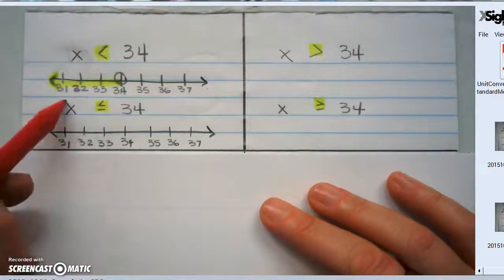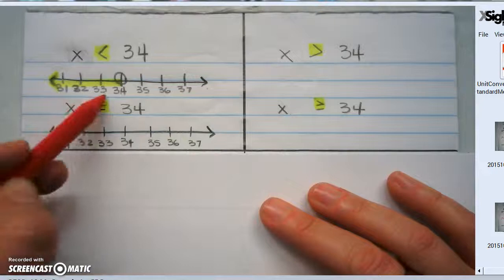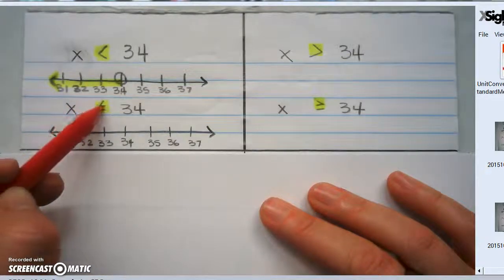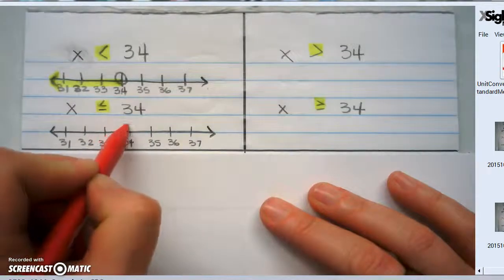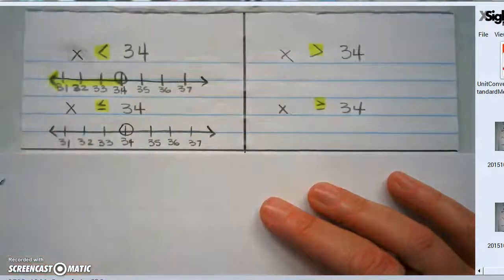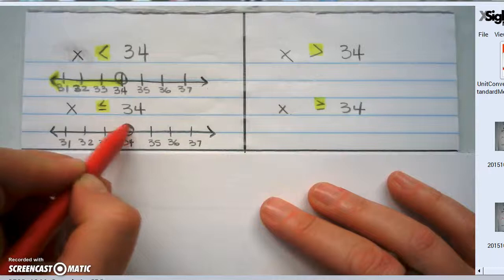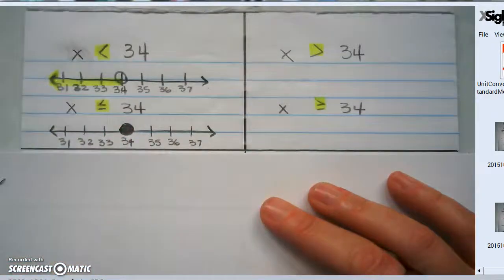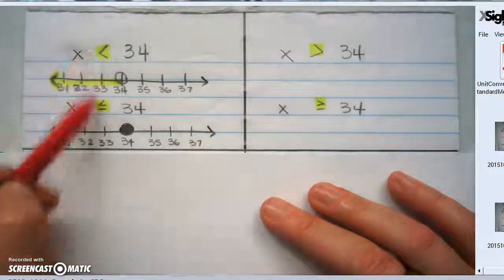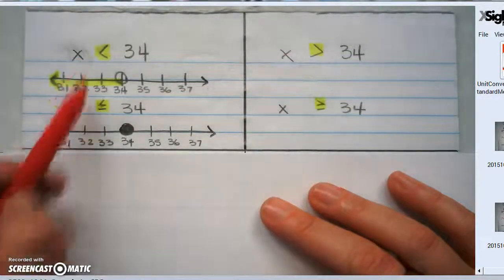Now here I'm going to show on this number line the inequality of x being less than or equal to 34. So I'll mark my 34 on a number line, and now I'm going to fill that circle in. That's the biggest difference between those two inequalities.